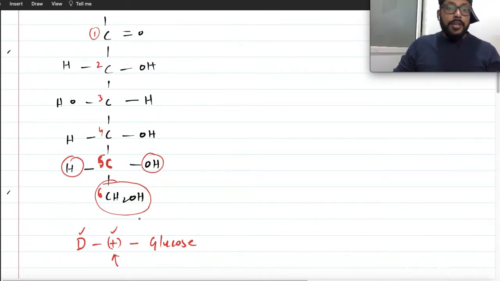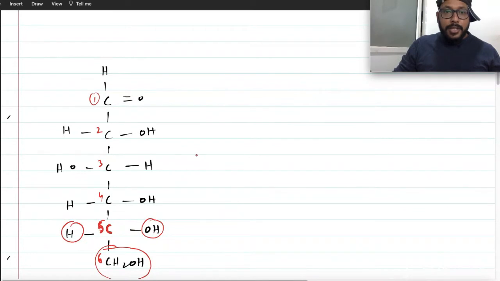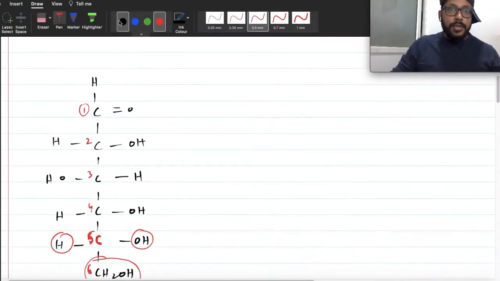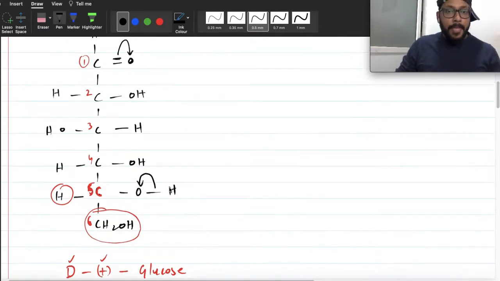Now we are going to make the structure called the Fischer projection structure. Very easily you can make it like this: the bond breaks toward O, meaning oxygen, because oxygen is more electronegative than carbon. And in the OH, this bond breaks toward oxygen because oxygen is again more electronegative than hydrogen.